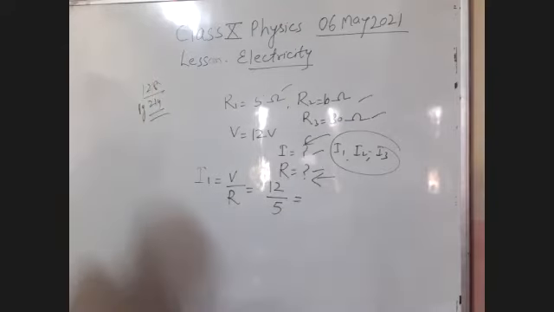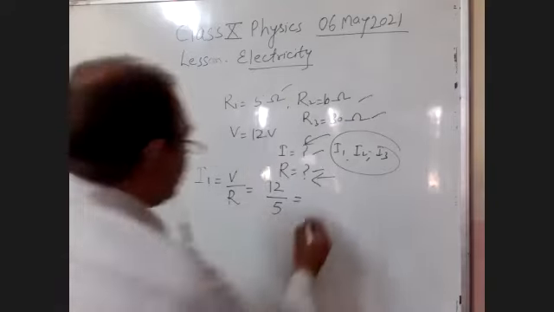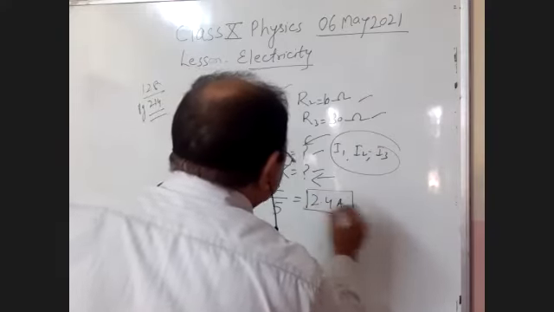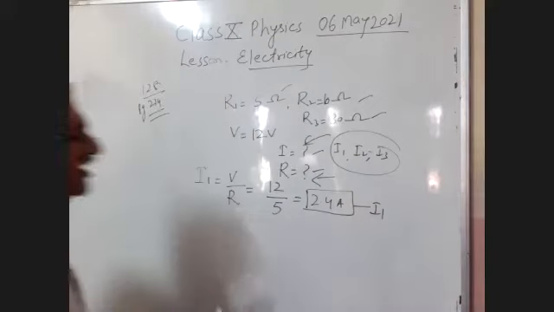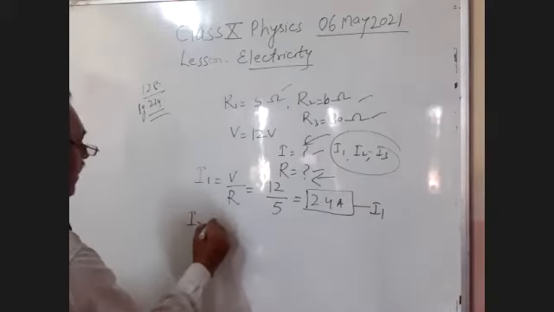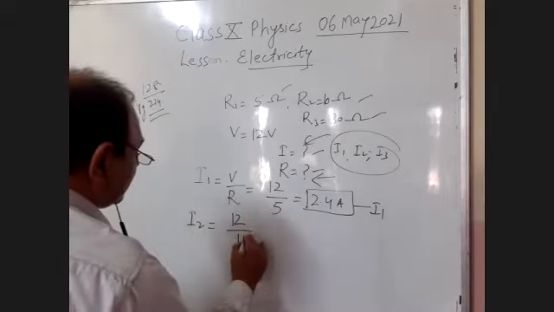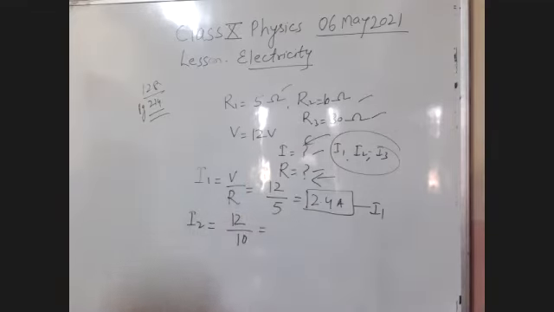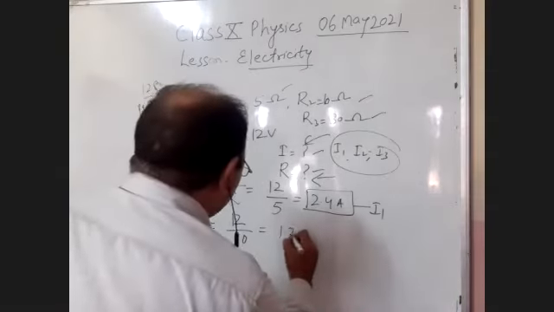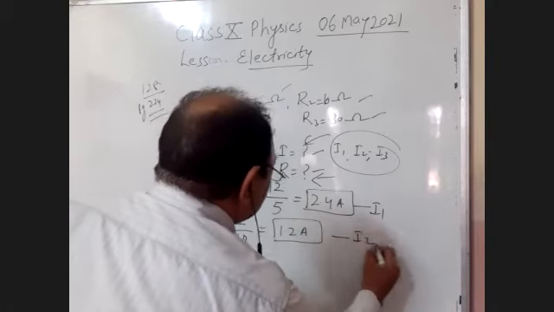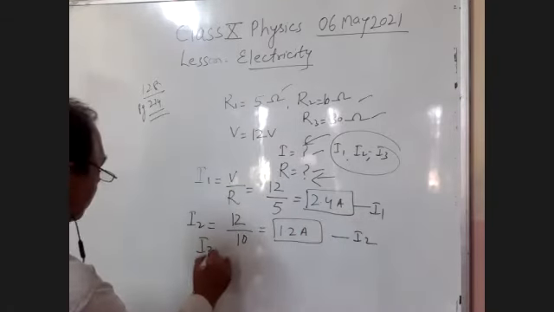When you solve this, your value of I1 will be 2.4 ampere. Similarly, we will calculate I2. I2 will be 12 divided by 10, so it will be 1.2 ampere. This is your I2. Is it clear? Similarly, we will calculate I3.